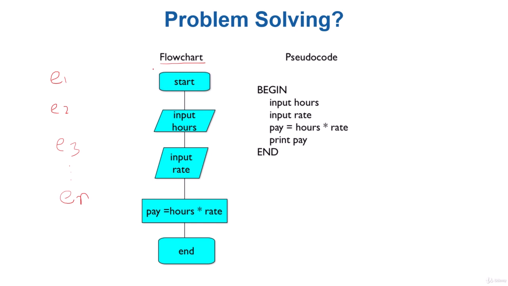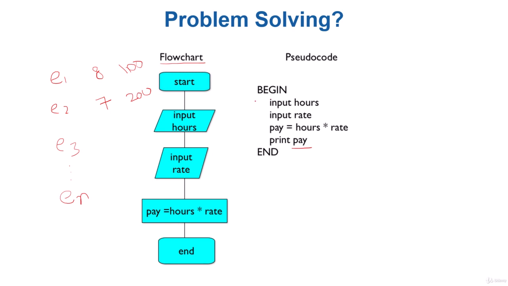Let's say the pay is computed on an hourly basis, and each employee has worked certain hours, for example 8 hours, and each employee has an hourly rate, let's say 100 units, whatever the units are. Employee 2 might have worked, for example, 7 hours, but the hourly rate of this employee might be 200. Different employees might have worked different numbers of hours, and each employee can have a different hourly rate depending upon the capacity of the employee or the job nature the employee is doing, and so on.